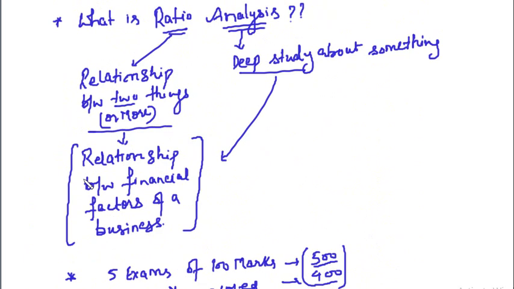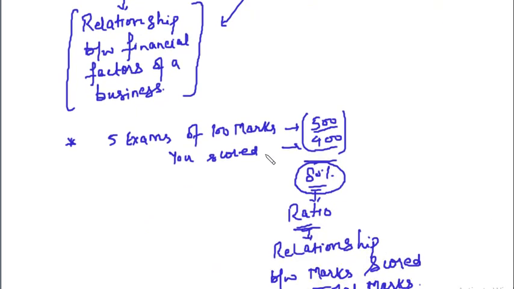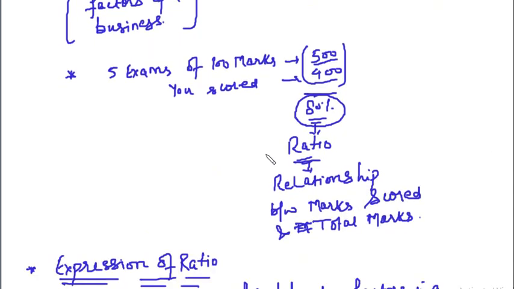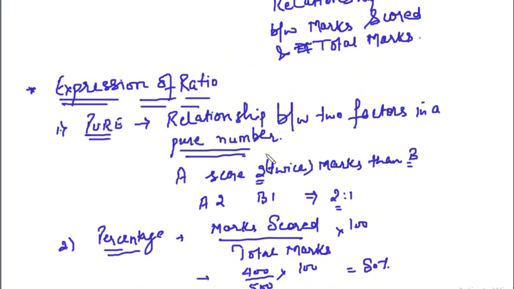If we talk from the business point of view, from the accounting point of view, it is the relationship between the financial factors of the business. Analysis means the deep study about something. So this is the example I took. The relationship between the marks scored and the total marks, we express it as a percentage, and this percentage is nothing but a ratio. This is what I explained in expression of ratio, percentage. Clear?